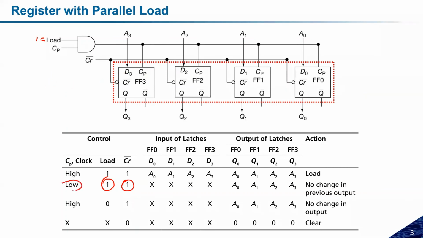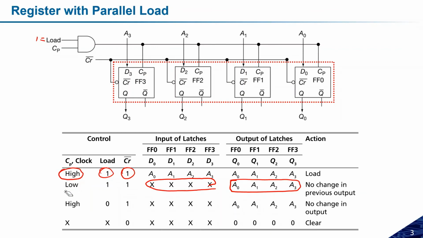If the clock pulse is low, whatever the input I receive, it does not matter, it will hold the previous data. And if we see the last state, load is equal to 1, clear is equal to 1, and the clock pulse is high, so we are meeting all the conditions to change the data in the flip-flop. In that case, whatever the input I get, that will be reflected to the output, and that will be loaded into this register.